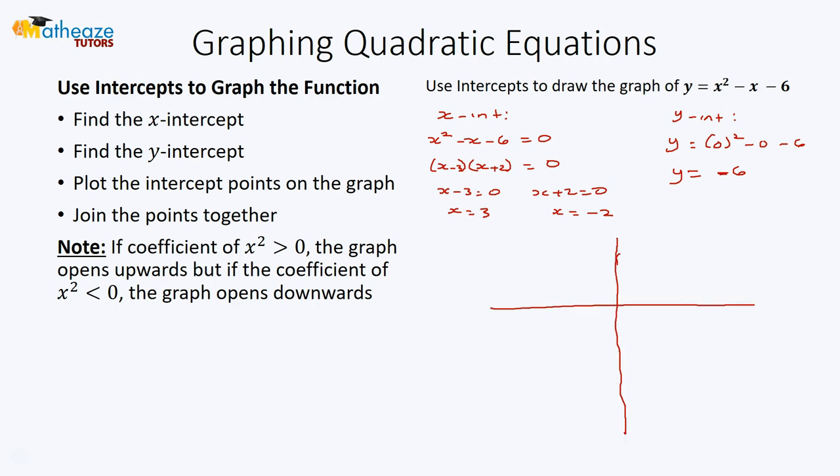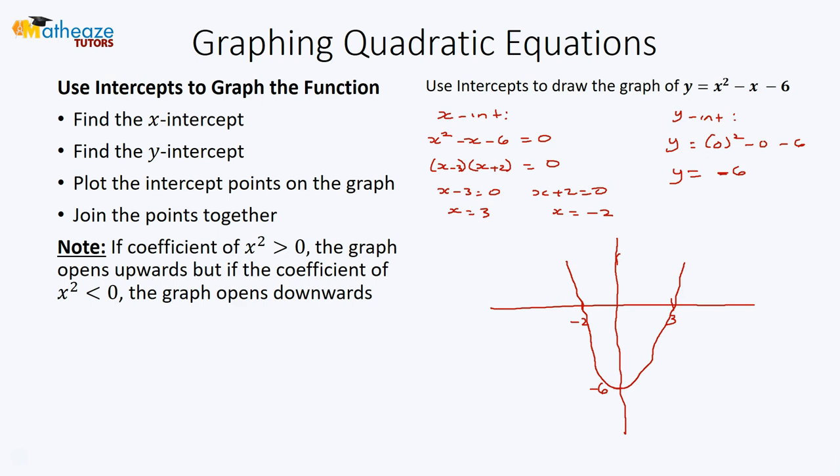The first thing we're going to do is plot the points once we have identified the intercepts. So here we have x equals 3, x equals -2, and the Y-intercept is -6. So we're going to use a line to join all these points together.